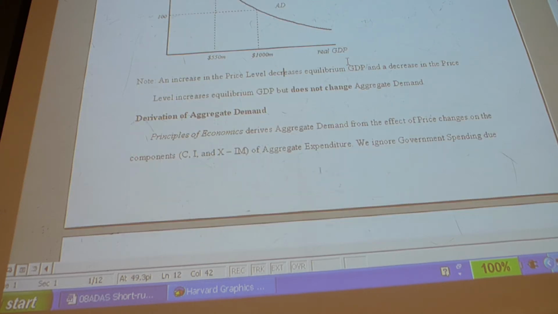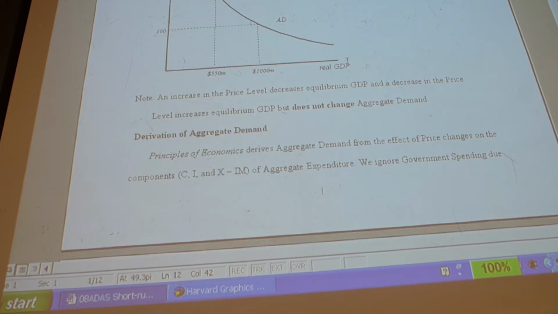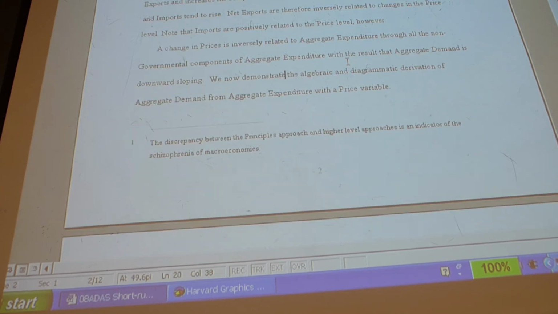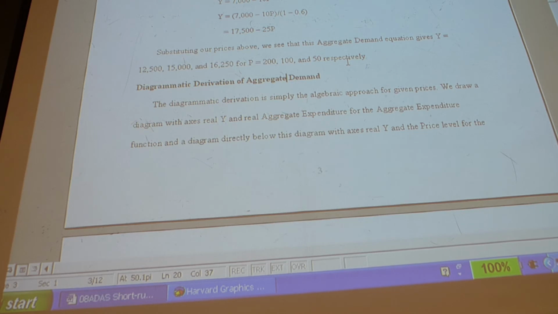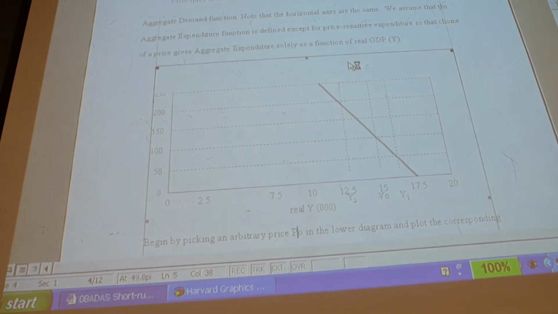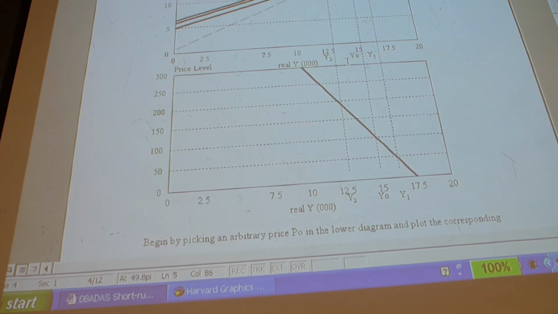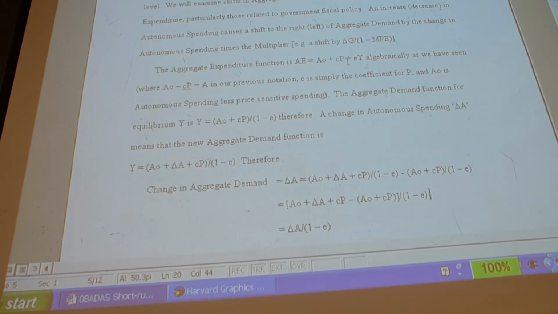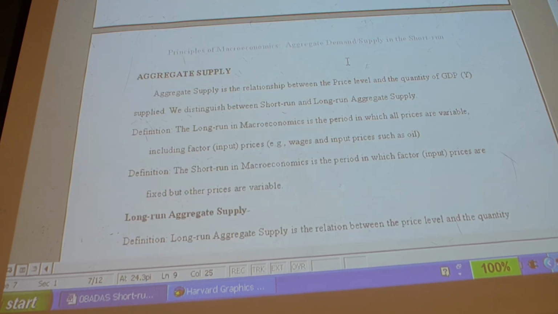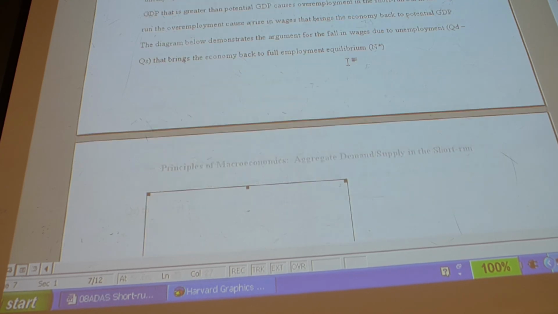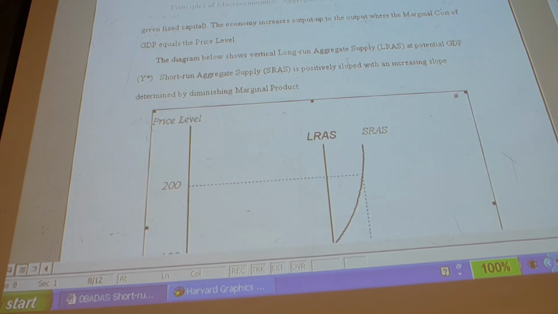I'm going to define aggregate demand here, then I'm going to derive aggregate demand from aggregate expenditure here. I'm going to use equations here, and we're going to do that all the way because it helps you understand. We're going to derive it diagrammatically here. Then we're going to talk about shifts in aggregate demand, but not necessarily right now. Then we're going to talk about aggregate supply, short run, long run, and so on. And then equilibrium.